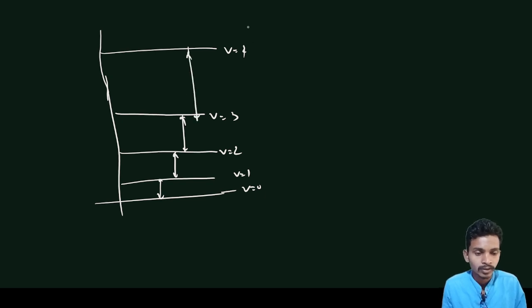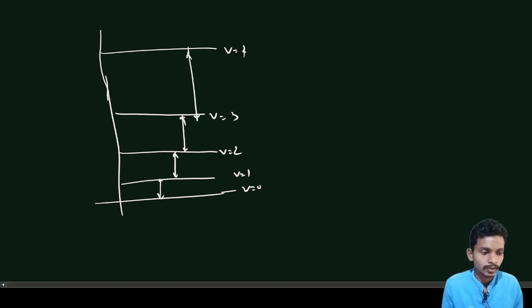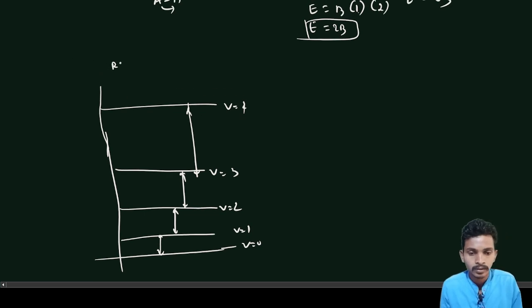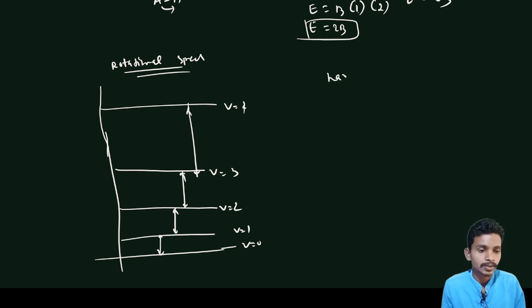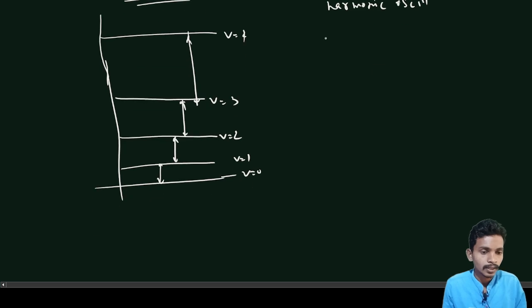This is for rotational spectroscopy. And when you are talking about harmonic oscillations, what we see is that the energy gaps are equally spaced.